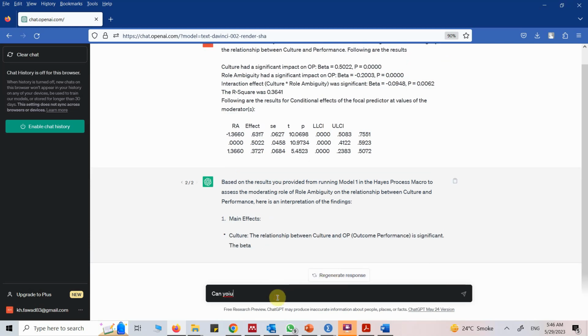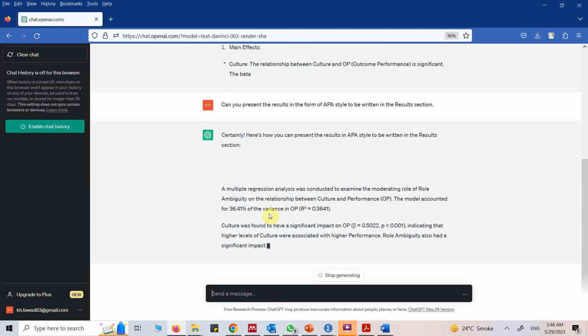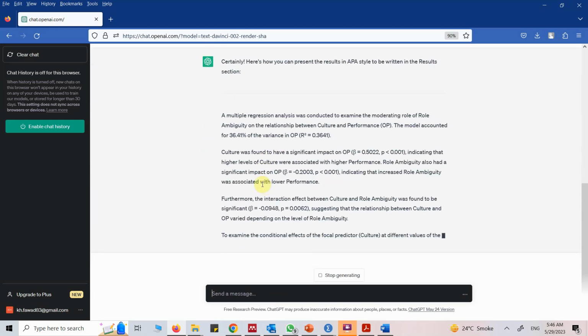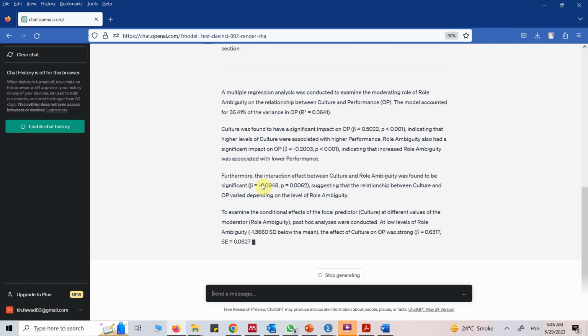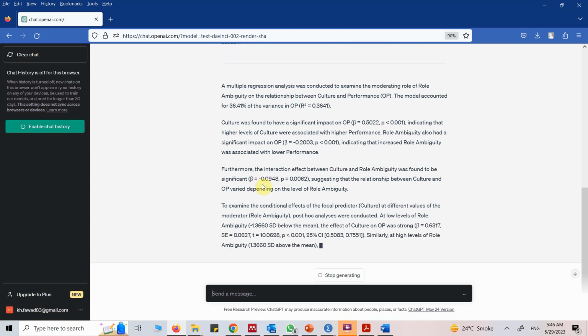Can you present the results in the form of APA style to be written in the results section? Let's see what we get. Here it is. So let's see. Once it completes, I'm going to read it and see whether it makes sense or not.